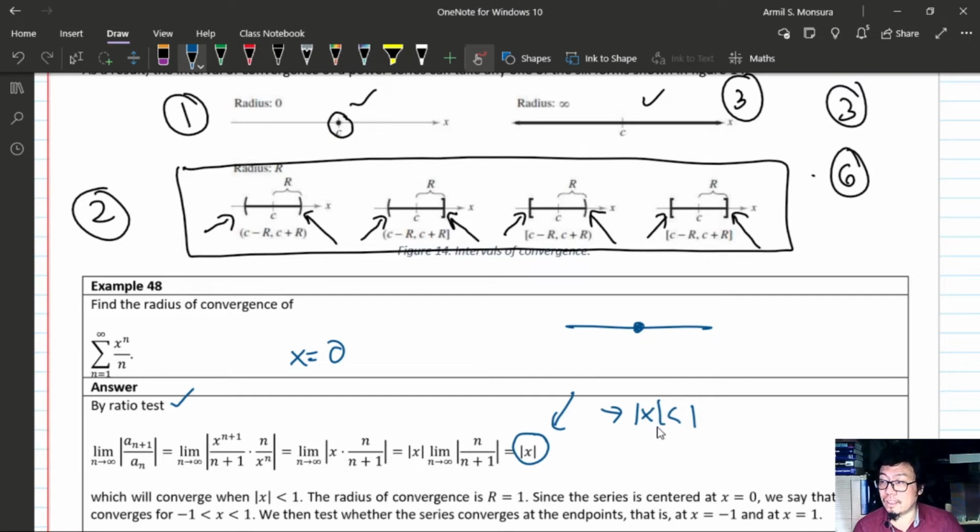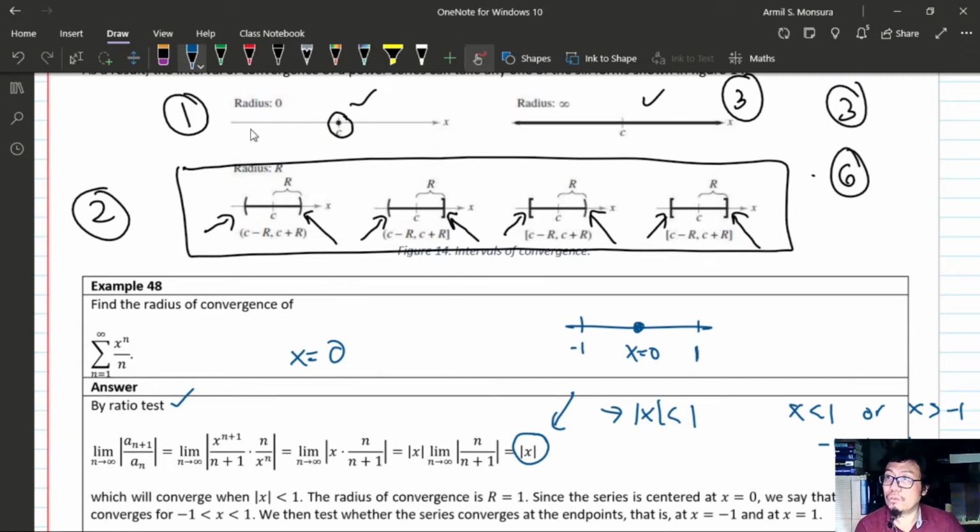So this means that, with the center at x equals 0, x is less than 1 and x is greater than -1. Or in a more compact way, we can write your interval of convergence this way: -1 and +1.